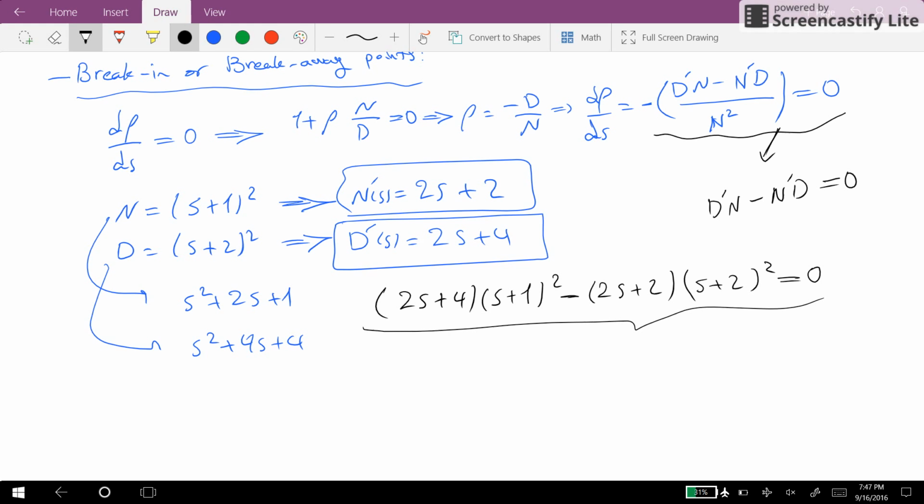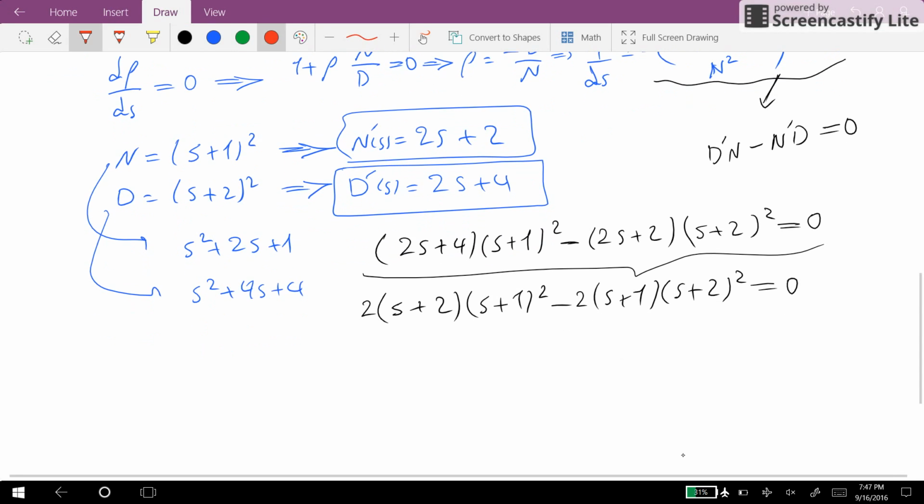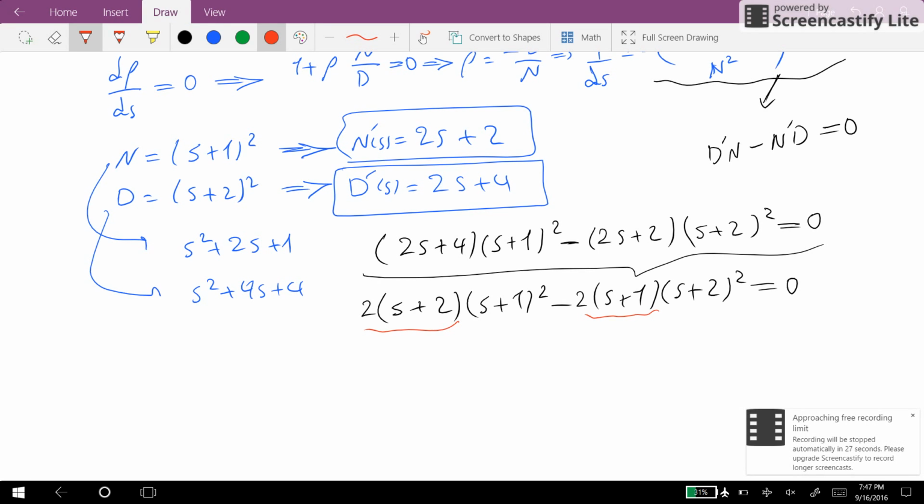We need to find out the roots of this equation, but looking here, I can rewrite it like 2 times (s plus 2) times (s plus 1) squared minus 2 times (s plus 1) times (s plus 2) squared equal to 0. Looking here, I can say that s plus 1 and s plus 2 could be factored out.